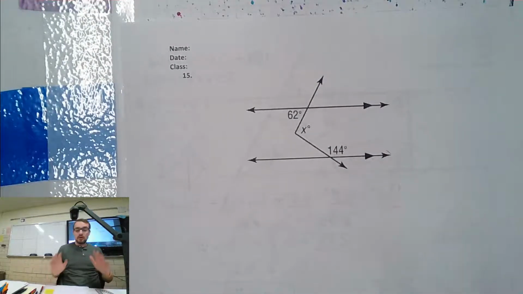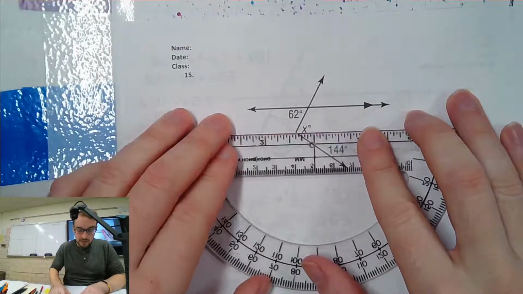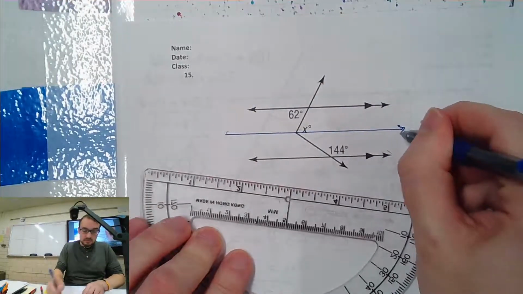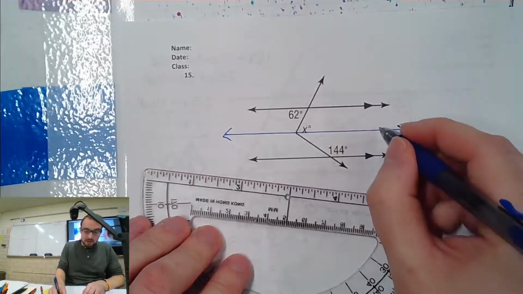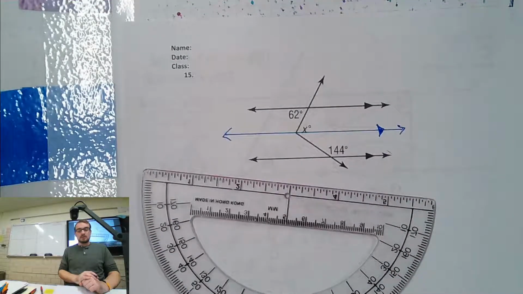All right, so maybe the hardest one, but the lesson is extend your lines, draw extra lines if you need to. So here's what I'm going to do. I'm going to draw a line right here, and I'm going to make it parallel. We're allowed to draw a parallel line whenever we want. Right? If I say it's parallel, it is. That's the key.